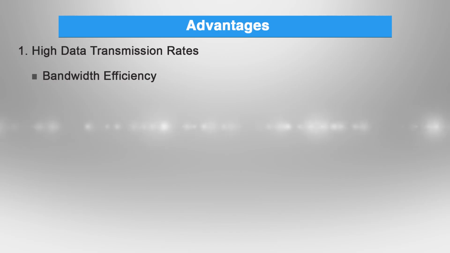Now, let us discuss various advantages of optical modulation techniques. The first one is high data transmission rates, meaning bandwidth efficiency. Optical modulation allows for the transmission of data at very high speeds due to the large bandwidth available in optical fibers.